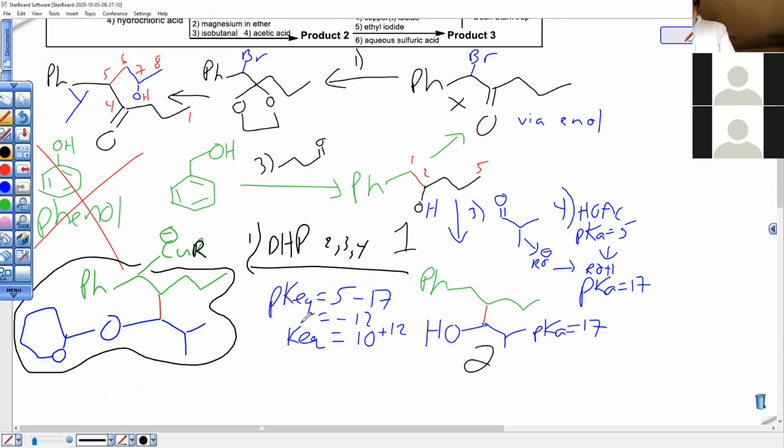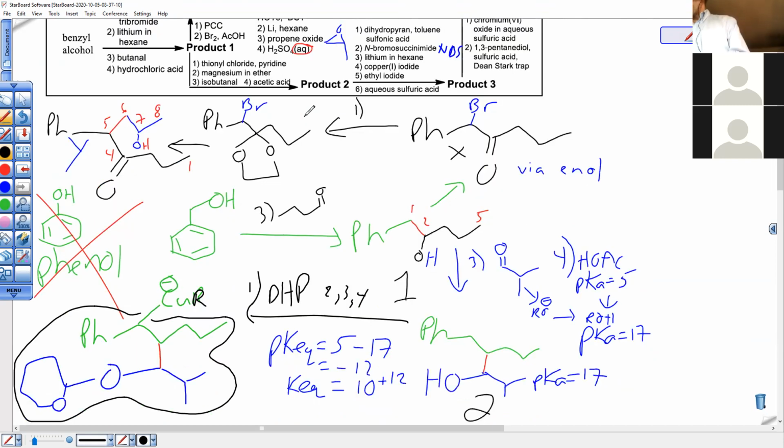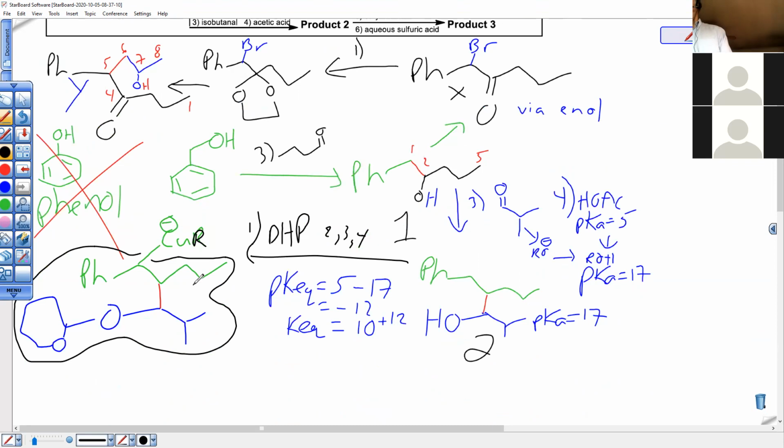And aqueous sulfuric acid, what did we use it for before? Didn't use those words exactly, but it's right here, aqueous sulfuric acid. It was used to protonate and then deprotect. Here, it will not be necessary for protonation because coupling does not require an acid. So you take everything that was Gilman, try to keep our colors going here.